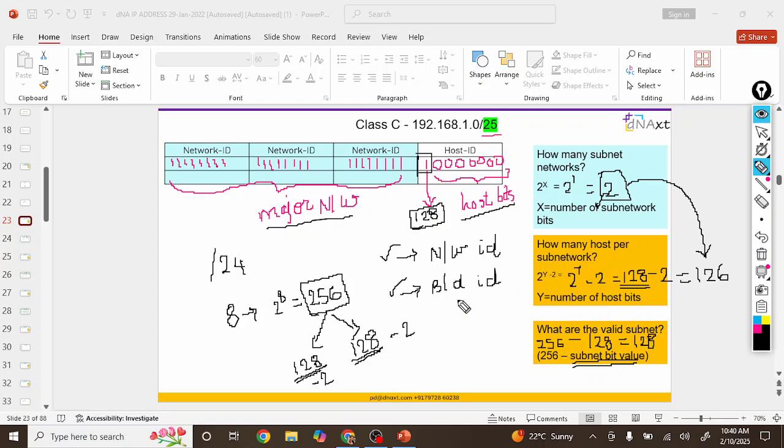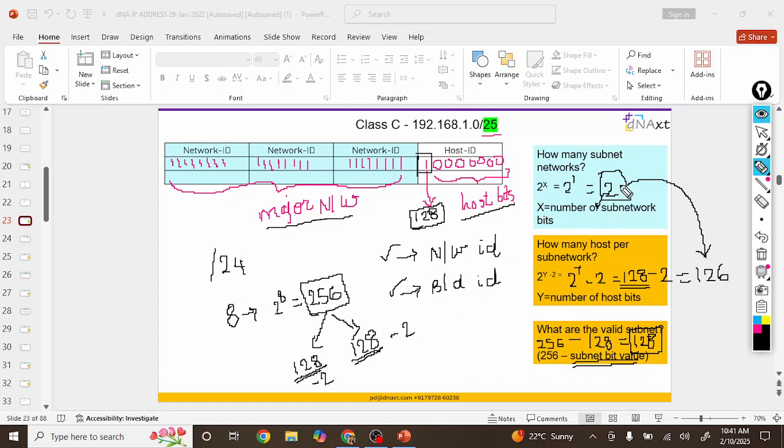So first IP will be 192.168.1.0, and the next slice, next chunk of your network will be 192.168.1.128. There will be an increment of 128.